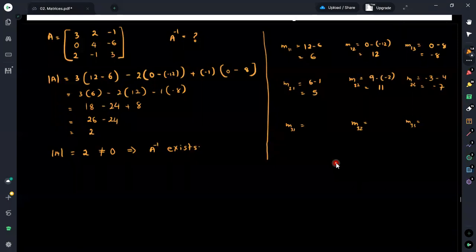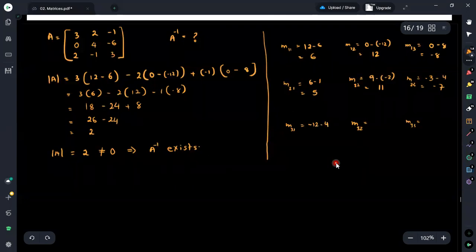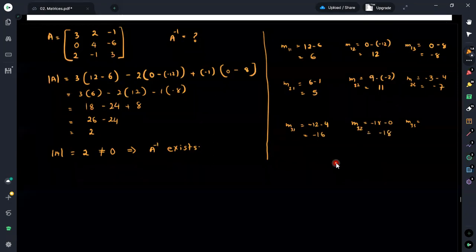Then M31, third row with first column cut off, then we'll get minus 12 minus 4, it is minus 16. Then M32, third row with second column, there we get minus 18 minus 0, value is minus 18. M33, third row cut off with third column, then we'll get 12 minus 0, value is plus 2.